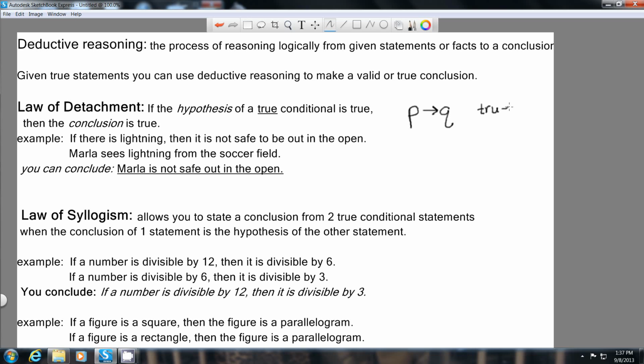And again, I'm using my mouse to write, so bear with me. If P then Q is true, and P is true, then Q is true.